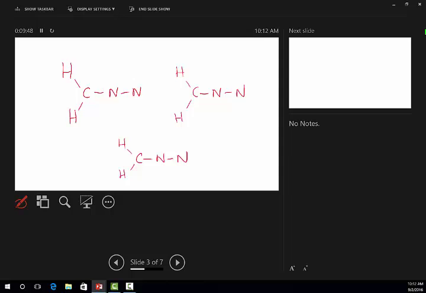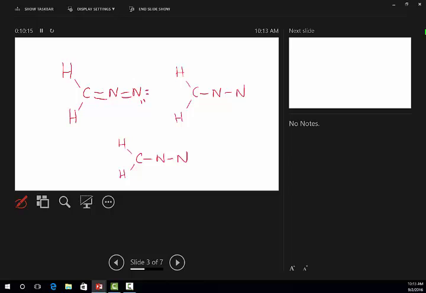Okay. What do you want to do with, how many lone pairs on this carbon? Bond to the nitrogen? Okay, double bond. Any lone pairs on this nitrogen? On the N nitrogen.